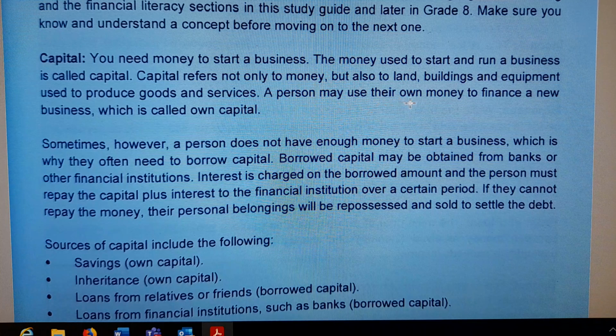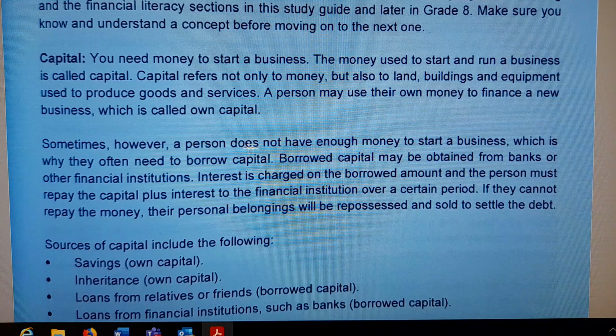A person may use their own money to finance a new business, which is called their own capital. So if you are asked to define capital, you can say capital is the money used to start and run a business, and also land, buildings and equipment used to produce goods and services.